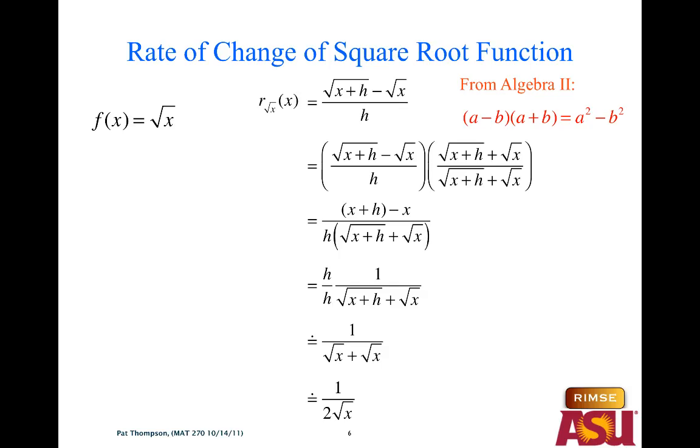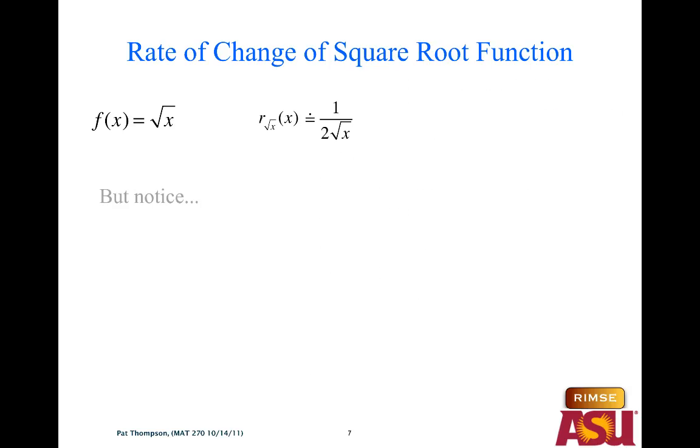So we got another rule, okay? But what she said was that square root of x can also be thought of as x to the 1/2, right? So we can take x to the 1/2 and apply a rule we already know, which is the power rule.